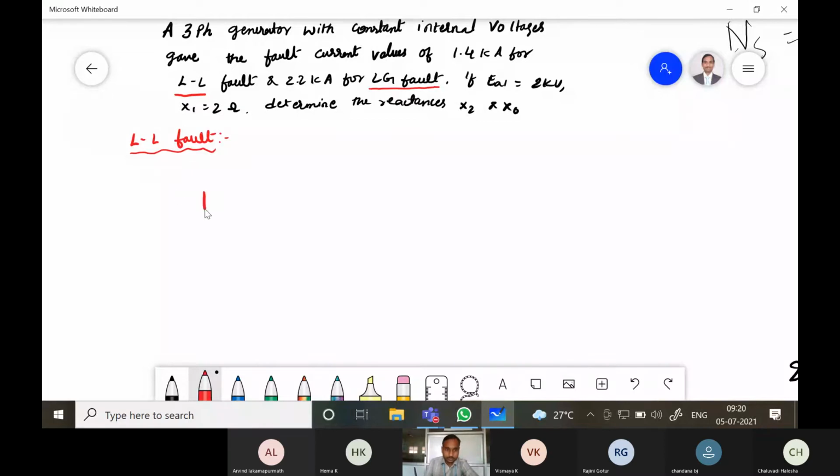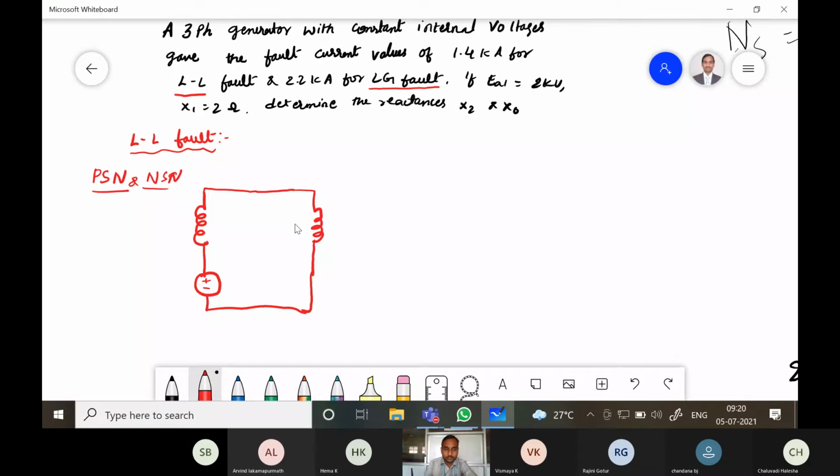It consists of the positive sequence network and the negative sequence network, and both I will draw in one sequence network.